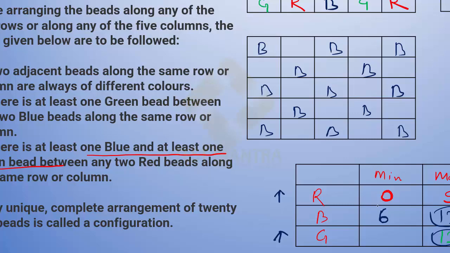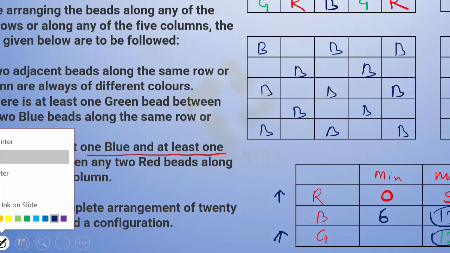But if I want to minimize my number of greens, let's see whether it's possible or not. Let's try to identify this. So I'll try to maximize my number of reds as well as the number of blues here. If I want to maximize my number of reds, I should start with reds first.